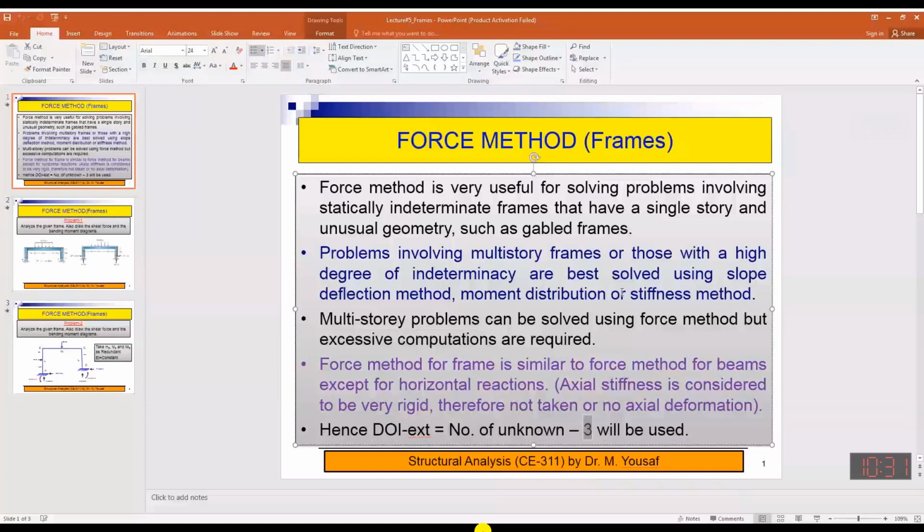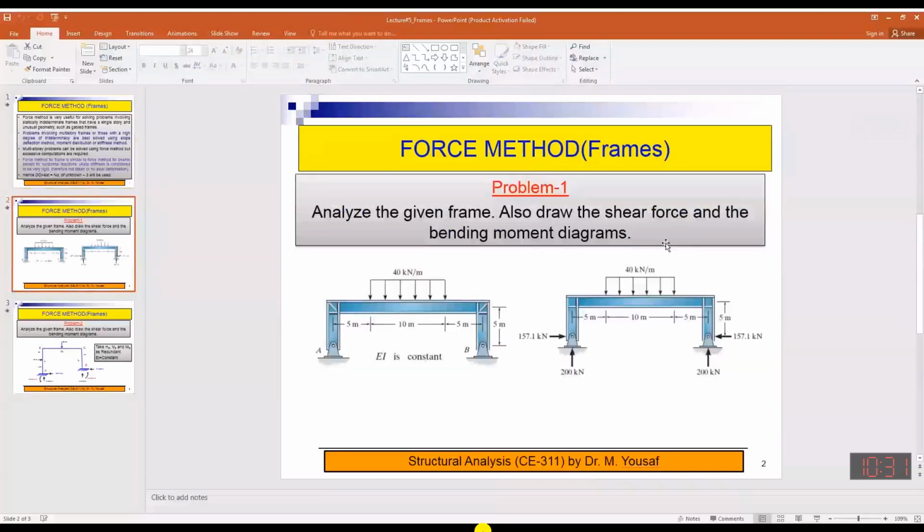Now we will be solving the numerical. Everybody is requested to draw this figure.